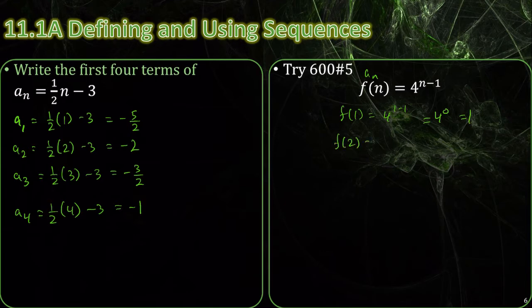Your second one would be 4 to the 2 minus 1, which is 4 to the first, which is 4. f of 3 would be 4 to the 3 minus 1, which is 4 squared, which is 16. And f of 4 is 4 to the 4 minus 1, which is 4 cubed, which is 64.